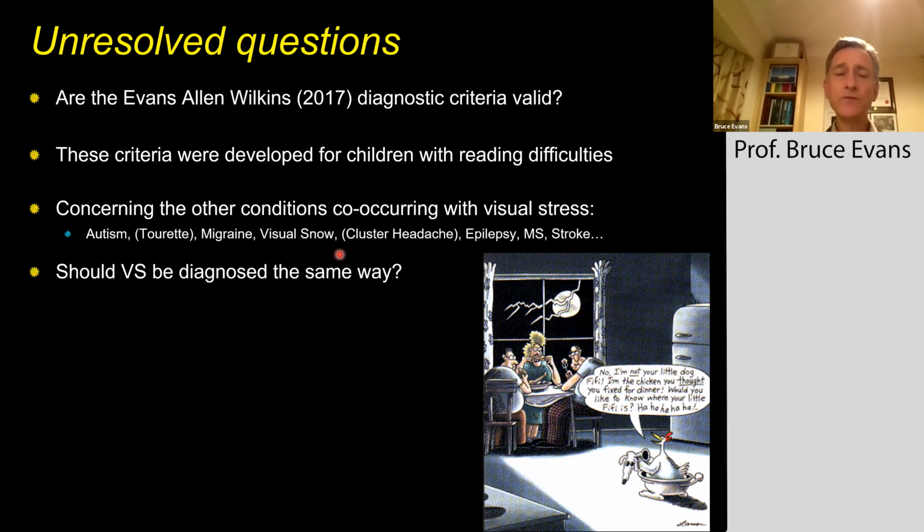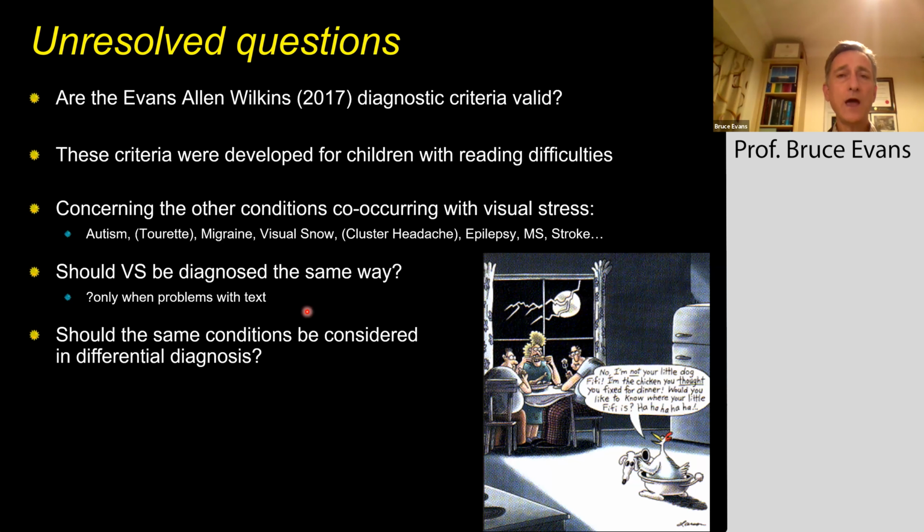Well, the Delphi criteria that I showed you, of course, relate mostly to text. So I think those criteria are only going to be appropriate in cases where at least part of the symptoms that person reports are to do with text. And similarly, the differential diagnosis of visual stress that I've talked about mostly relates to children with reading problems, and again, is probably only relevant for text.